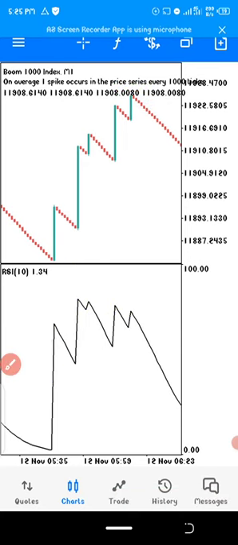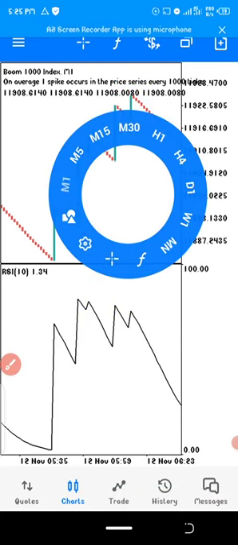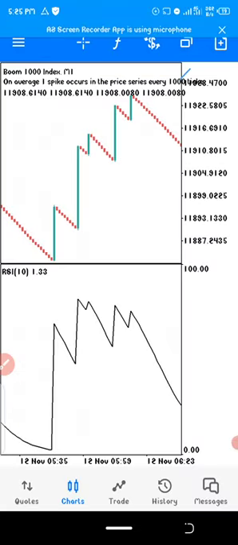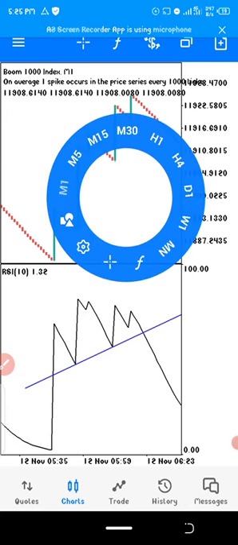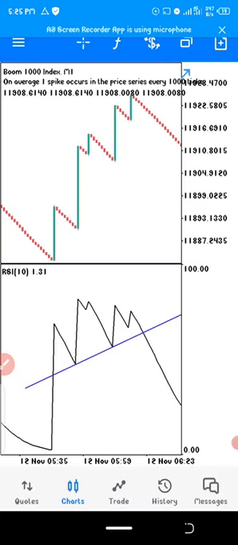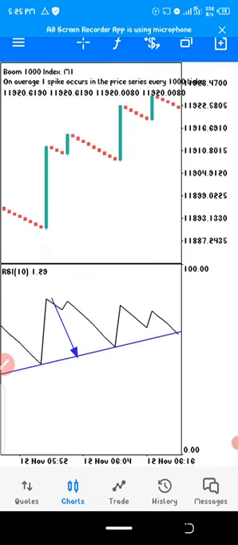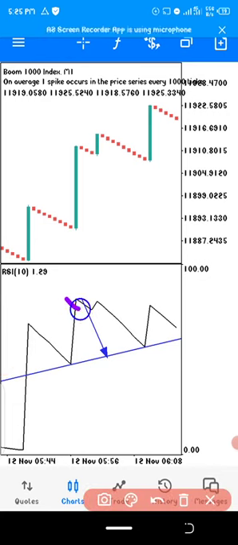So I've cleared everything, and I'm just going to use a trend line to draw this. Now my take profit is going to be the gap, or how far the head is from the what? From the line.